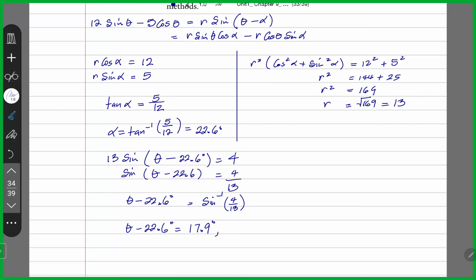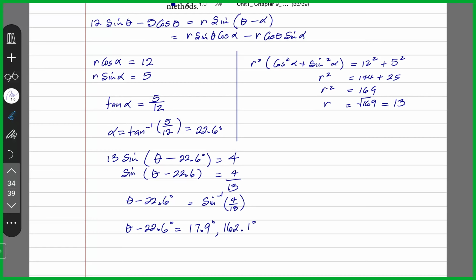Now, sine is also positive in the second quadrant. So the answer in the second quadrant is going to be 180 minus 17.9, which is 162.1 degrees.